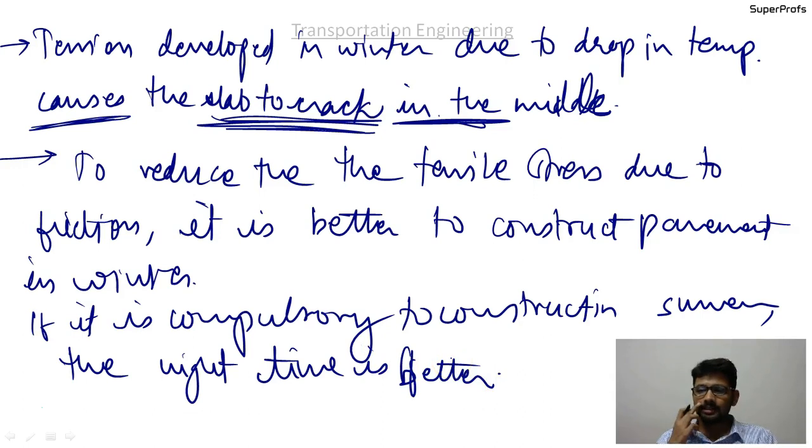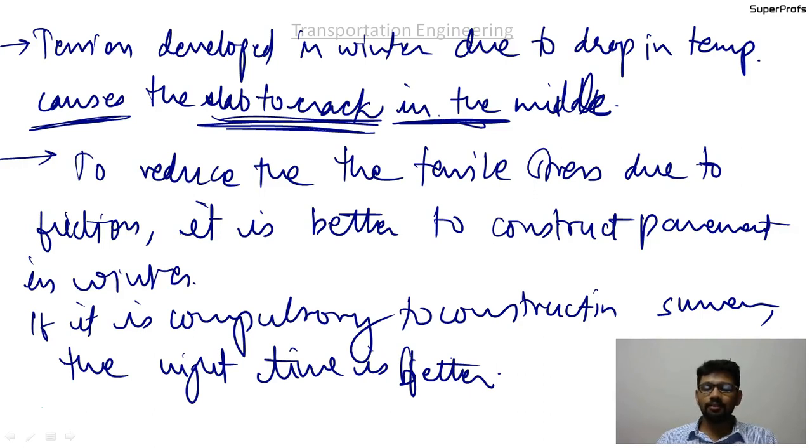So guys, you see that there are two types: the stresses due to friction and the warping stresses. The difference between these two was the temperature gradient across the depth. The warping stresses were developed because of the daily variation of temperature, the daily gradient, and this one is because of the seasonal variation.